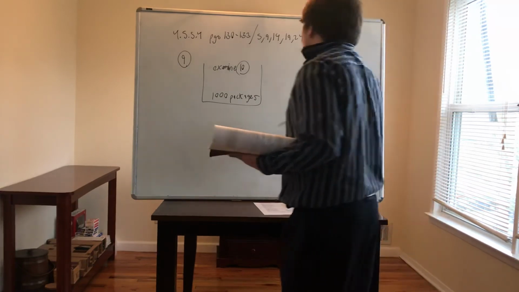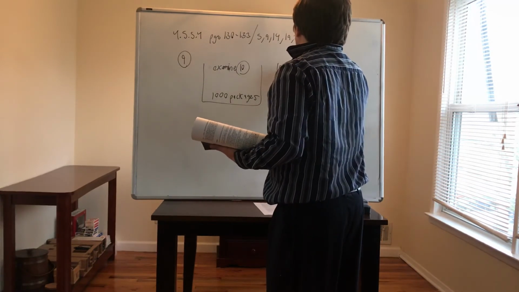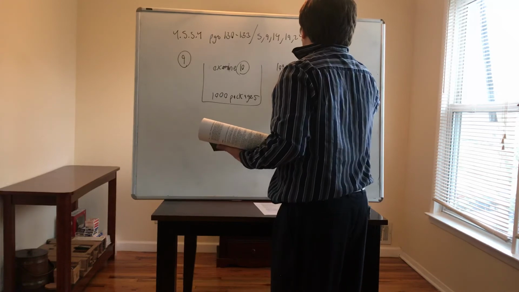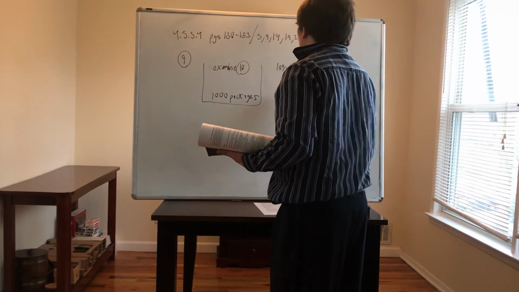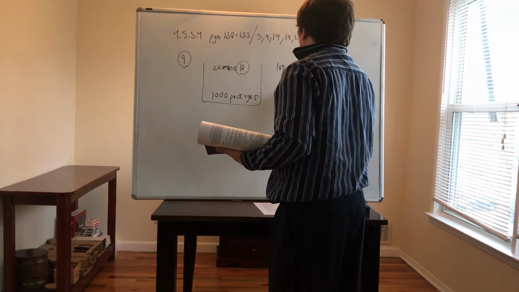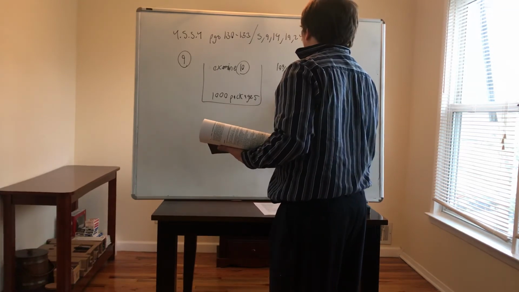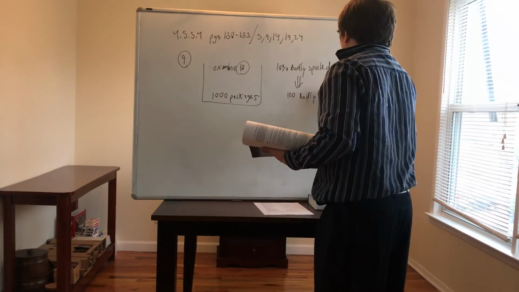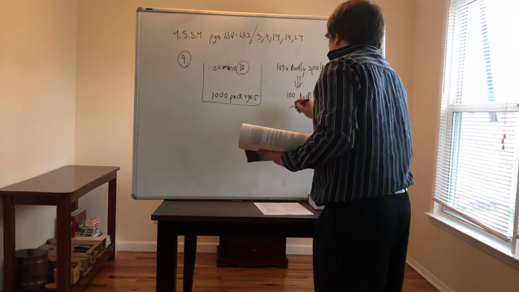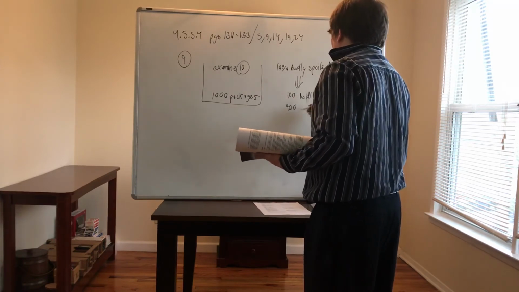If 10% is badly spoiled, that means 100 of those 1,000 are badly spoiled, and 900 are okay.